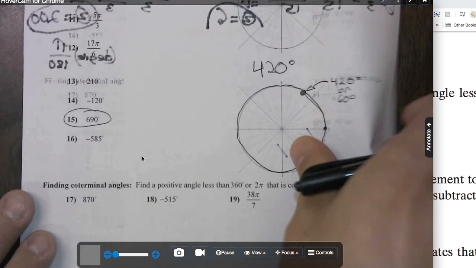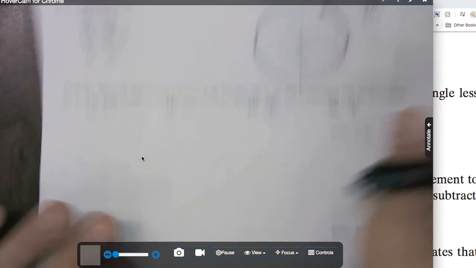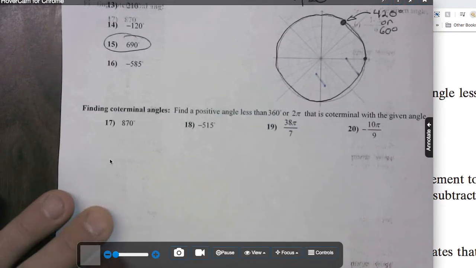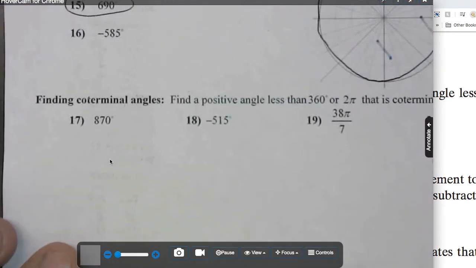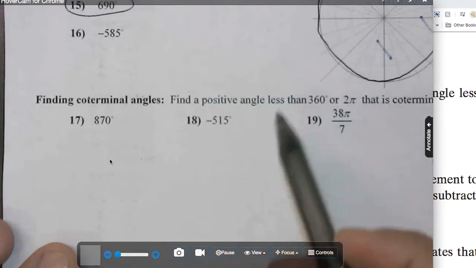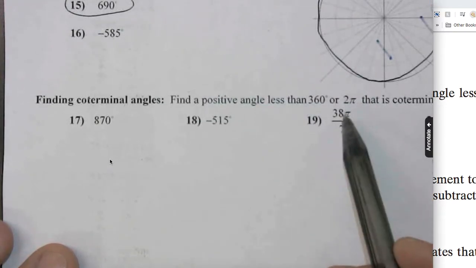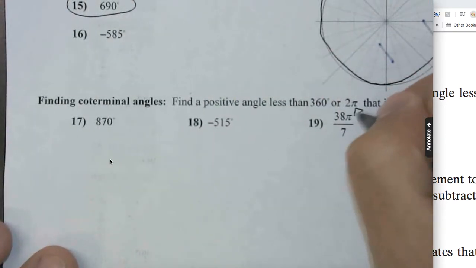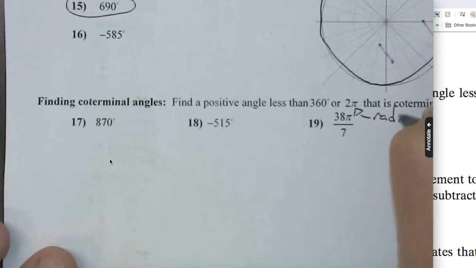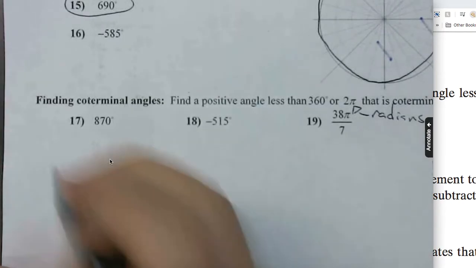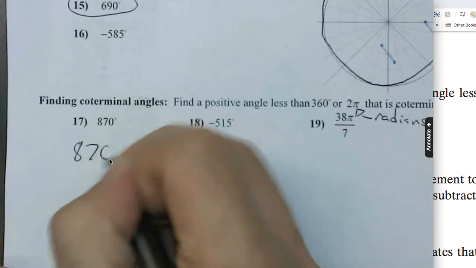We'll try this out with 870. Well, I know that this is going around quite a bit, so recall that we're trying to get our answer less than 360, or if we're dealing with radians, less than 2 pi. So with 870 degrees, let's just try it out. Let's deduct 360.